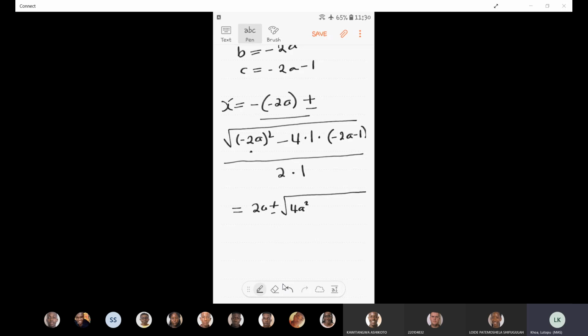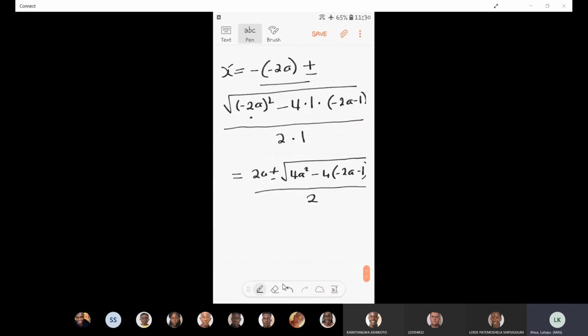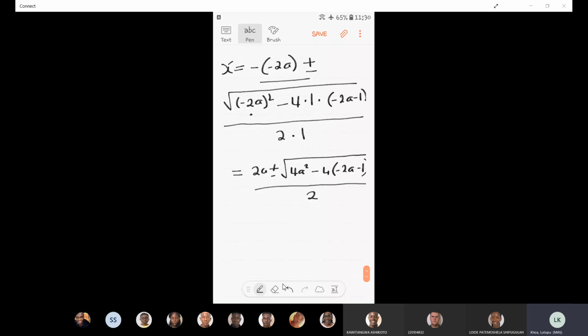And then I have negative 4 times 2a minus 1. Okay, so I'm trying to do step by step like that. Okay, so I still have to multiply the 4 into the bracket. All right, then I continue.